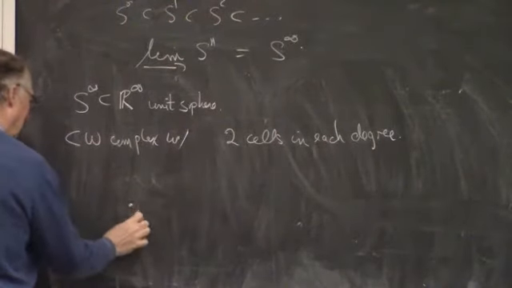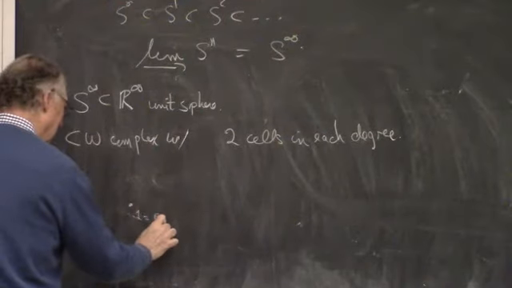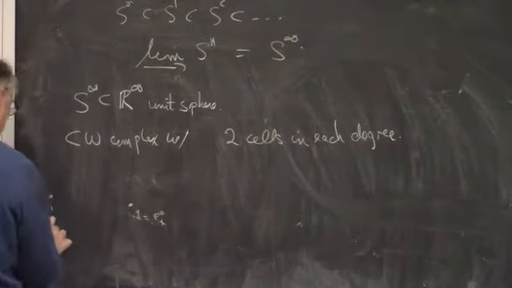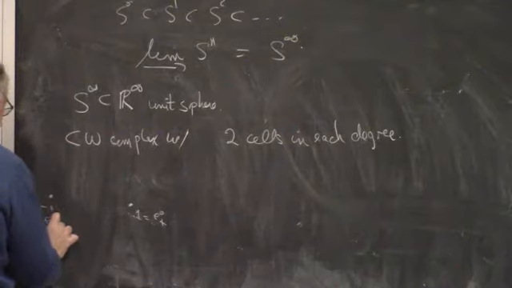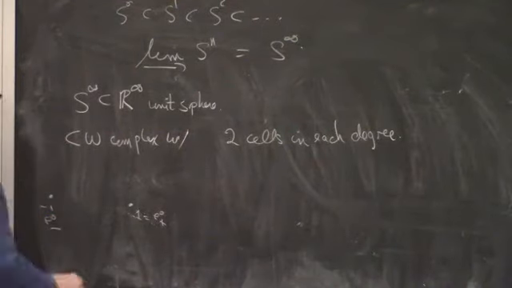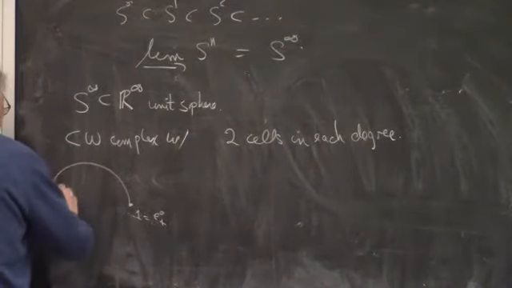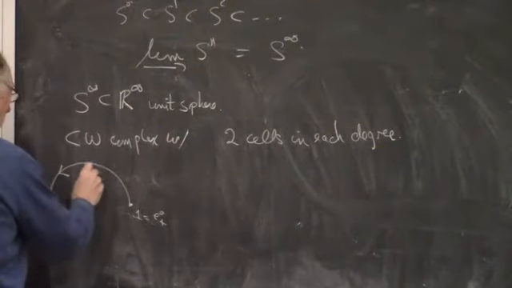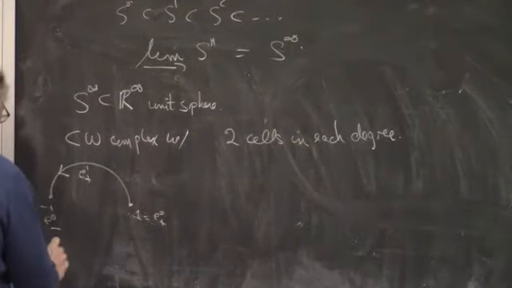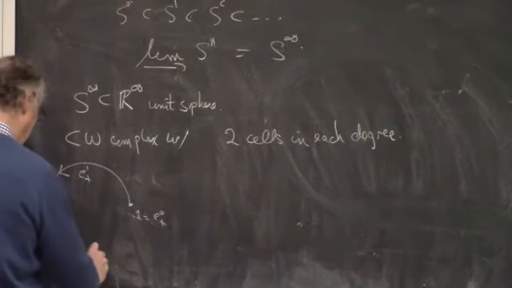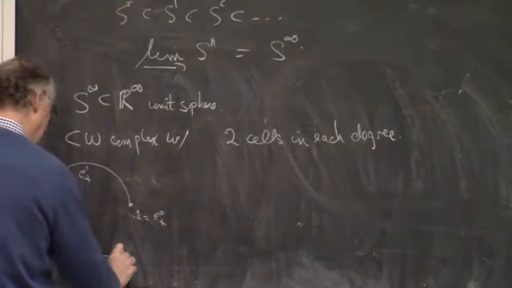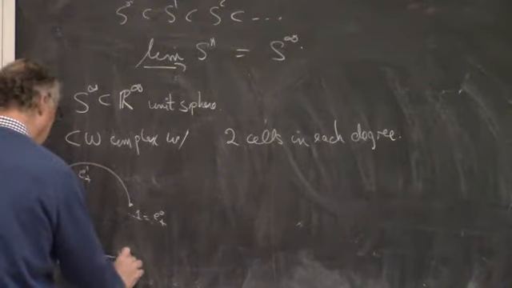And then I will call these e_0^+ and e_0^-. And then we have 1 cell, e_1^+, and the boundary of e_1^+ is e_0^- minus e_0^+.